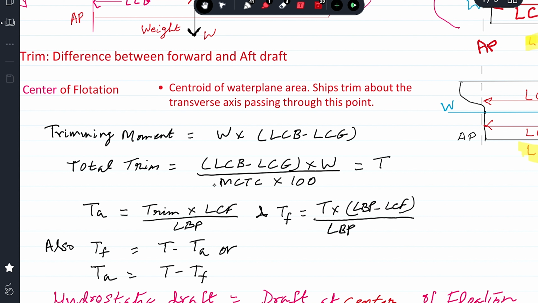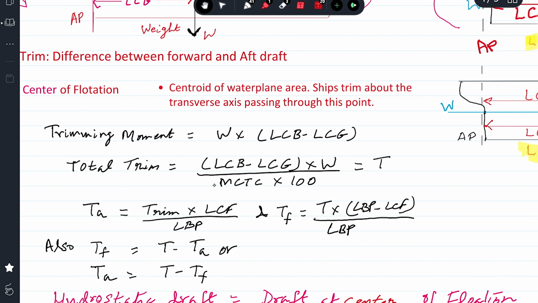Since the trim we find by MCTC will be in centimeters, we have to divide by 100 to get it in meters. So the answer will be in meters. If you are wondering why we divide by 100, it's because whenever you use MCTC, which is the moment required to change trim by 1 centimeter, the answer will come in centimeters.